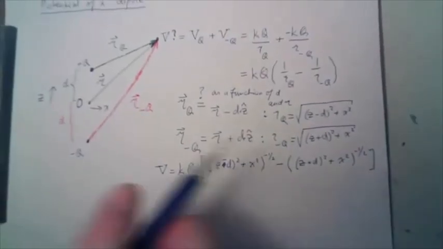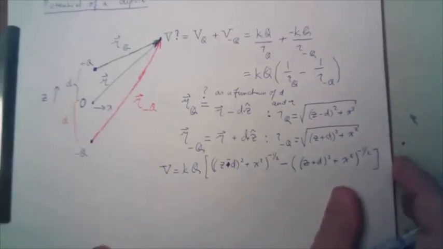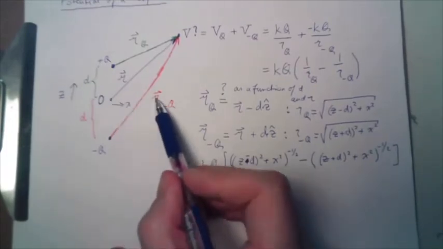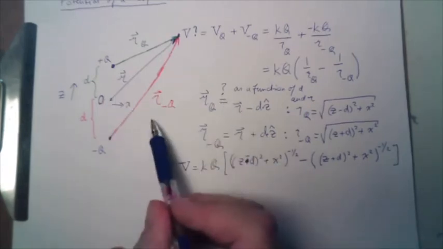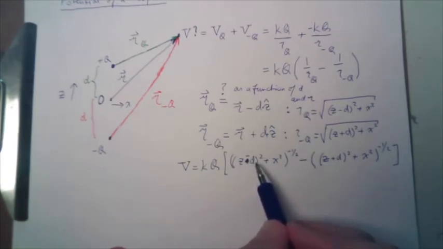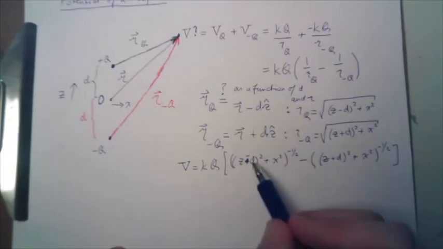It's not a very pretty expression, and there are usually a couple of things that we do to simplify things. So, for instance, we could ask ourselves, okay, what's the potential on this axis? If that's what you want to know, then the Z component is 0, so put in 0, then you have just a minus D squared, and then you have a plus D squared, and then the rest of the expressions are the same.